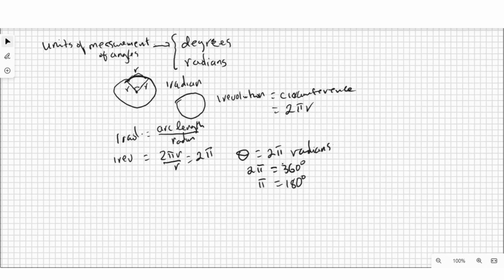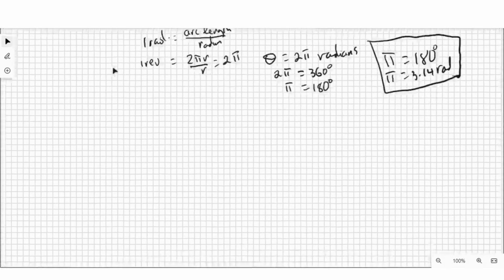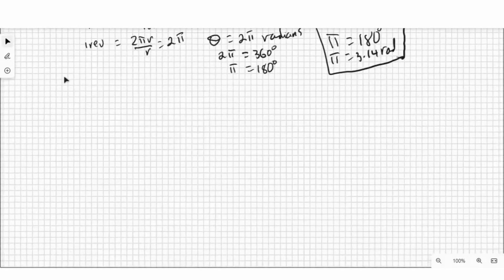So in measures, pi in degrees is 180 degrees. Pi in radians is 3.14 radians. That's why we have 3.14. We have 180 degrees or 3.14 radians.